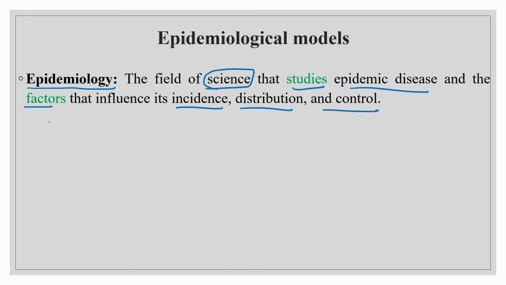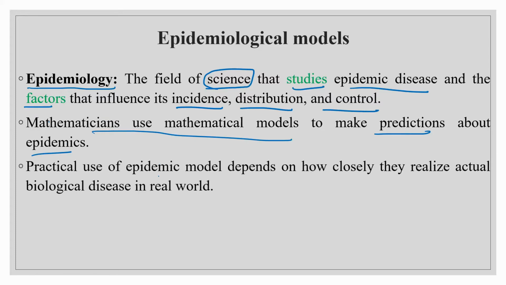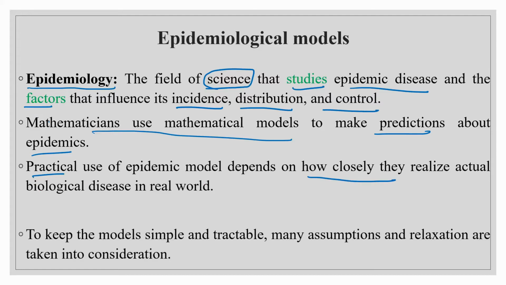If we use mathematical equations to describe this epidemic disease, then it is called an epidemiological model. Many mathematicians use mathematical models to predict epidemics, and obviously these mathematical models are only of use when the models they formulate are close to reality. Otherwise they are of no use.